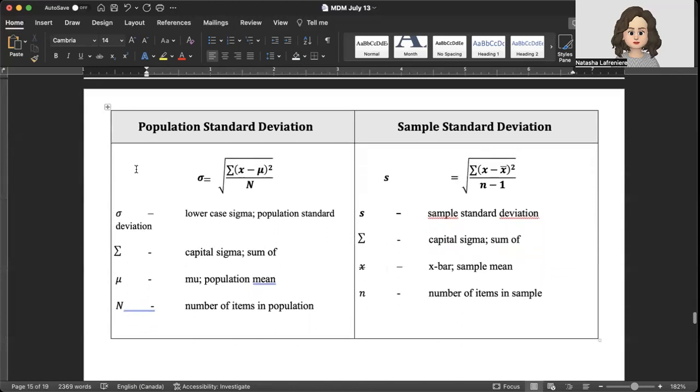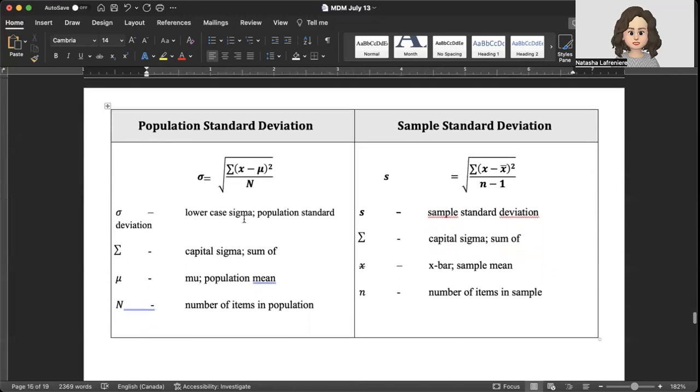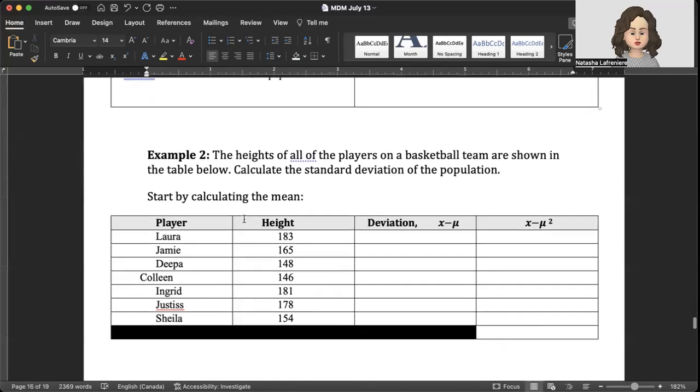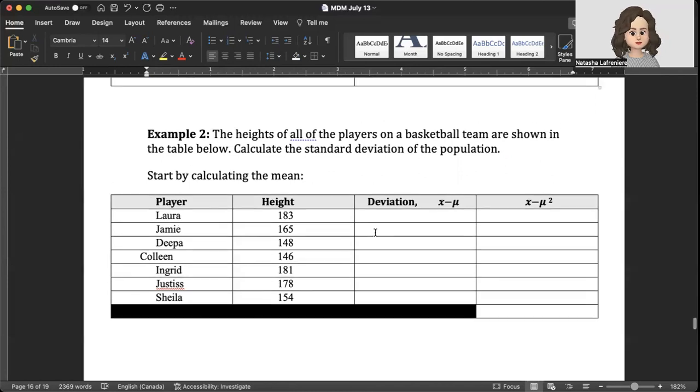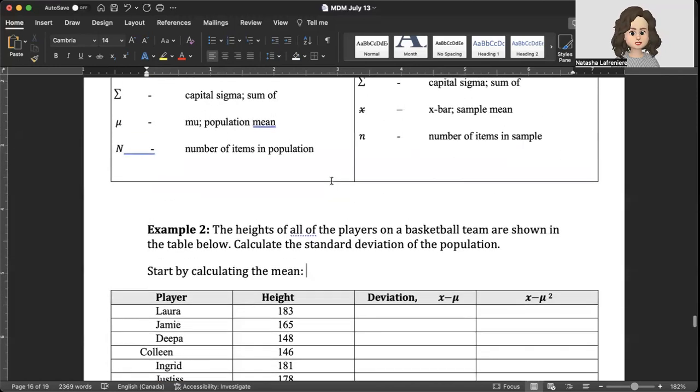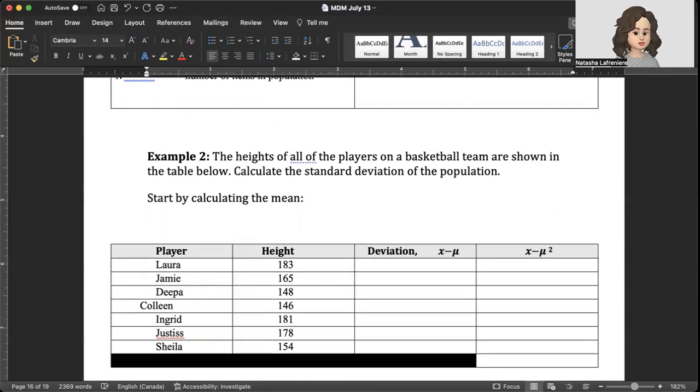Okay, so this is our equation. It can look a little intimidating, but it's really not too bad. Start by calculating the mean of our heights. If you were to add all of these together, that gives you 1,155.